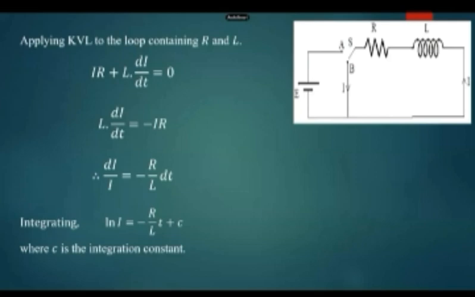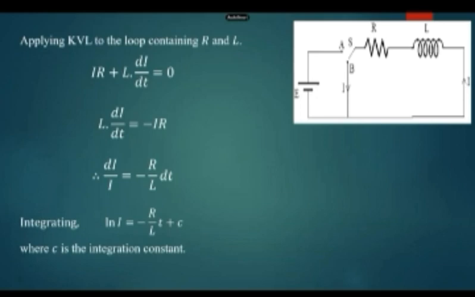Integration of 1 by I is ln of I, and integration of dt is simply t. So, you have got the solution for the equation as ln of I is equal to minus r by L into t plus the integration constant c.